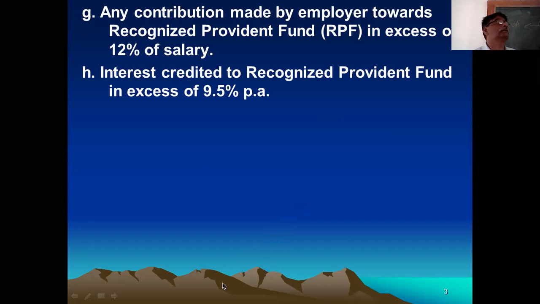Come on, tell me. The answer is correct, no doubt. 500 is the taxable. I agree with that. What is interest? 10,000.